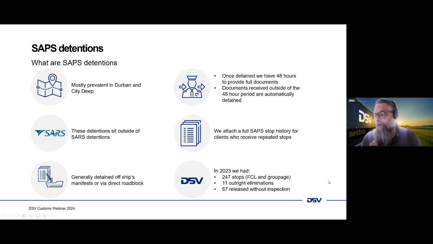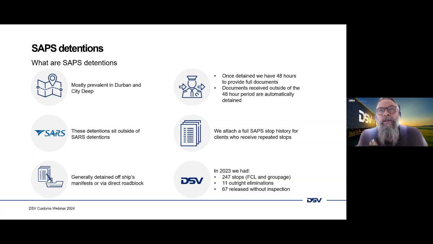I think the only other thing that gets left to be said about the SAPS specifically is that we have a lot of success in having containers pulled from inspection where they are FCL cargo types.